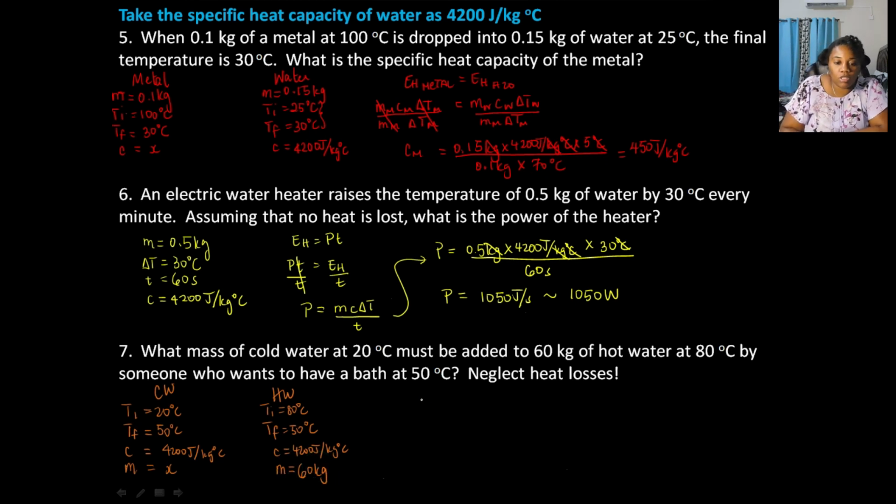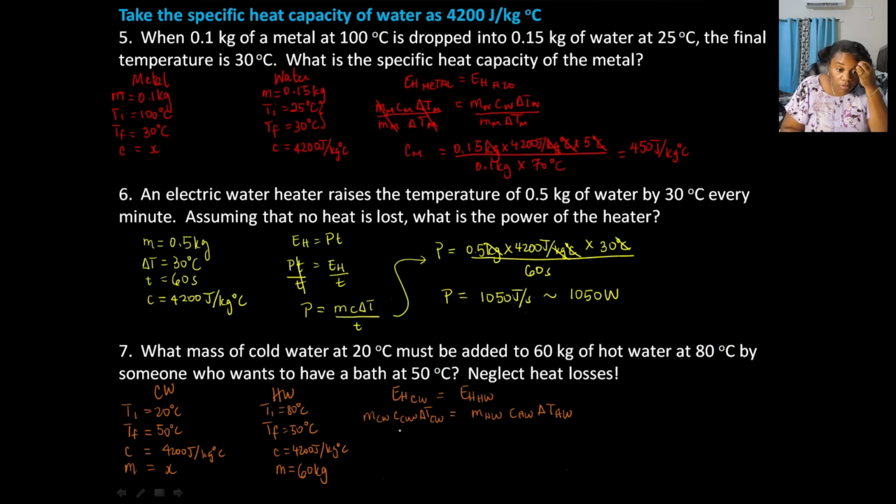Okay, so we're going to just equate EH cold water, and why I put cold water first is because that's the missing thing right there. It's easier. So EH hot water. So we're going to have m cold water, c cold water, and delta T cold water, and then m hot water, c hot water, delta T hot water.